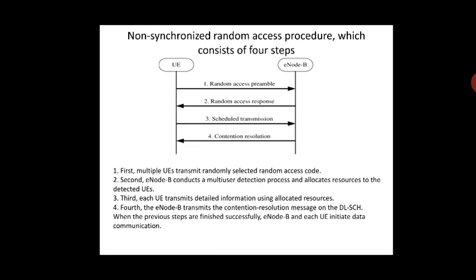In order to resolve the contention for access, the UE that detects a random access preamble transmits a message containing a terminal identity.